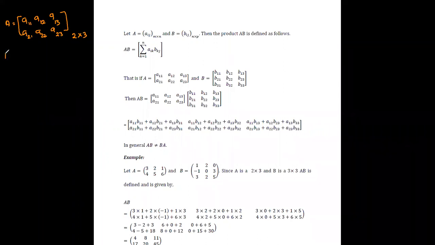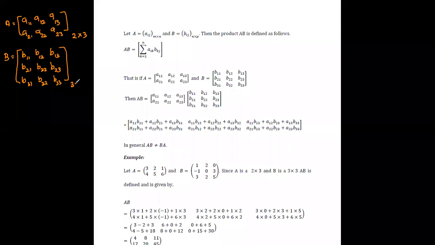And now the next matrix is defined as matrix B. Here the elements are B11, B12, B13, and likewise we have the other elements. It is a 3 by 3 matrix.